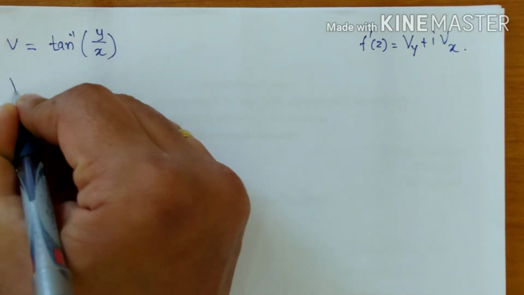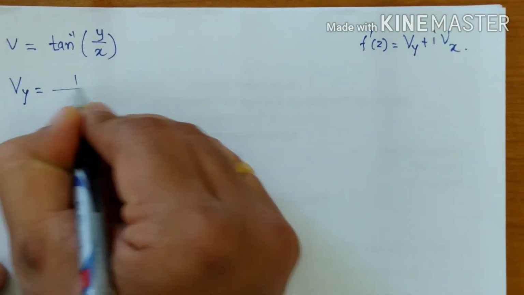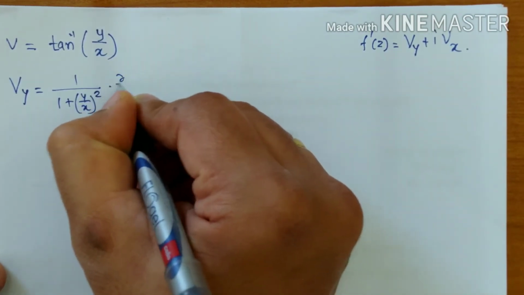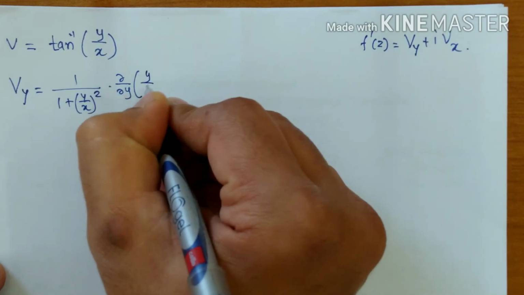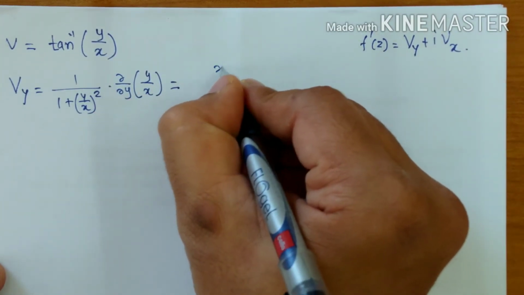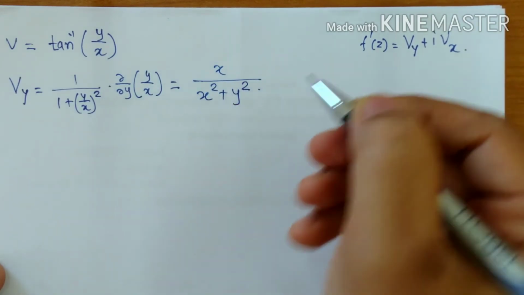So first I am going to calculate Vy here. So what is Vy? The derivative of tan inverse is 1 upon 1 plus (y upon x) square into partial derivative of y upon x with respect to y. On simplification, we get the derivative as x upon x square plus y square.